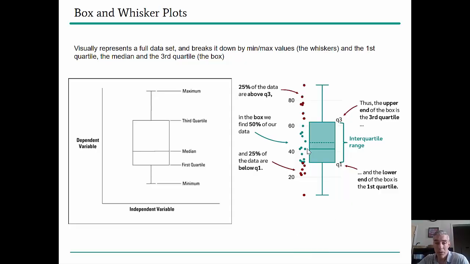And then you have the third quartile, which is up here, the top of the box, the first quartile, which is the bottom, and then you have the lowest point and the highest point as your whiskers. Sometimes they also have outliers that they include on there as well, but usually they don't. And that's how you would construct a box and whisker plot.